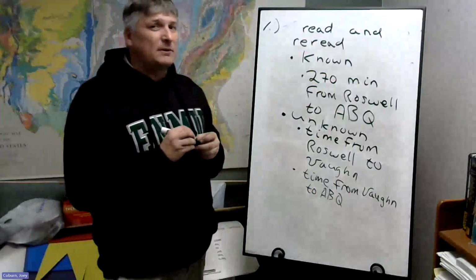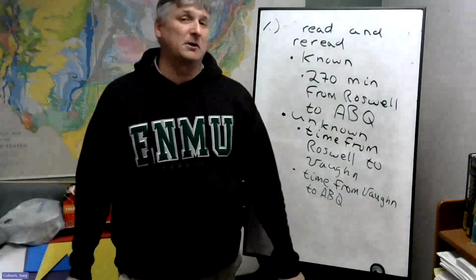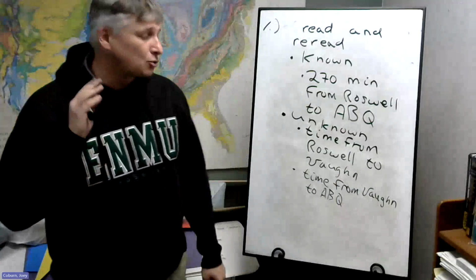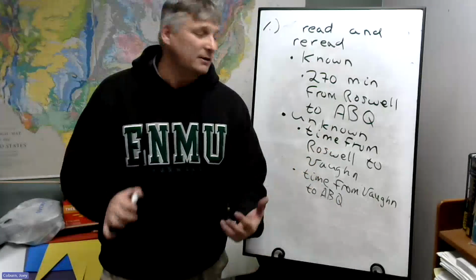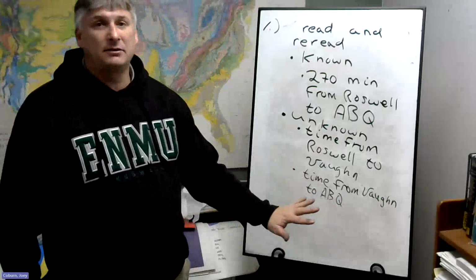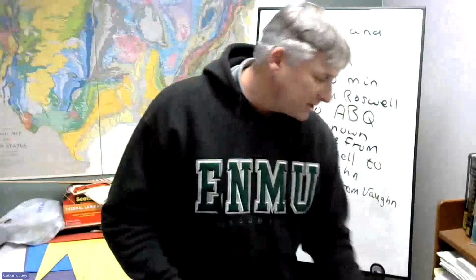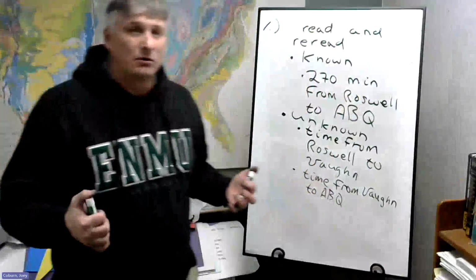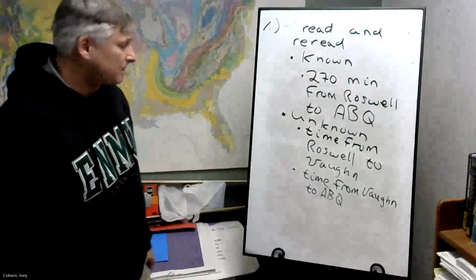Now some of you might be saying, hey, hold on. We do know something about Vaughan to Albuquerque. We know it's twice the time from Roswell to Vaughan. And you're right, this isn't completely unknown. We just don't have a number for it. So this brings up something without a number, and the fundamental unknown.